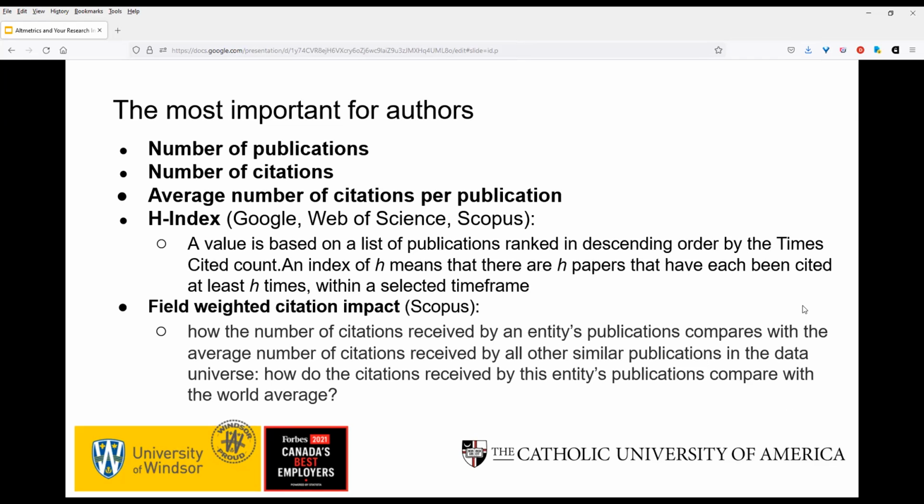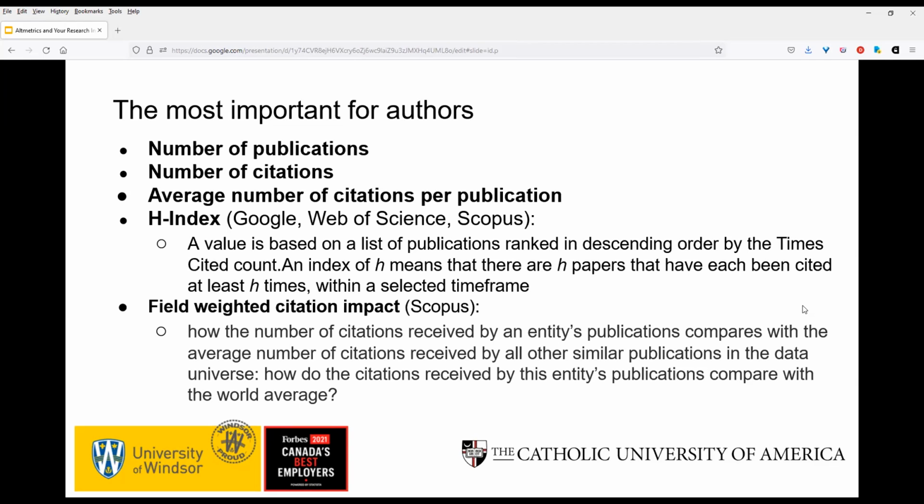And these basic numbers are going to feed into some basic metrics that flow into more advanced metrics. So you're going to get the average number of citations per publication for that particular author.